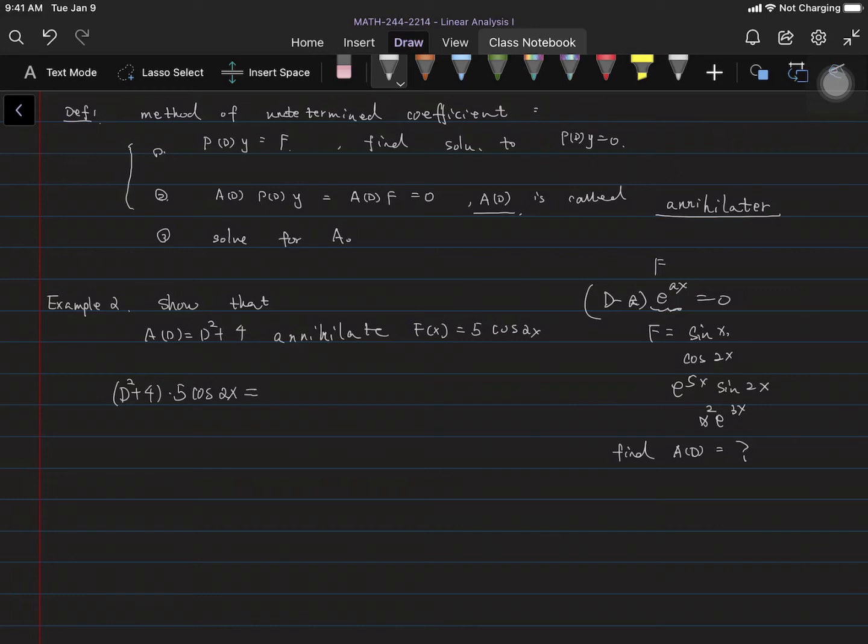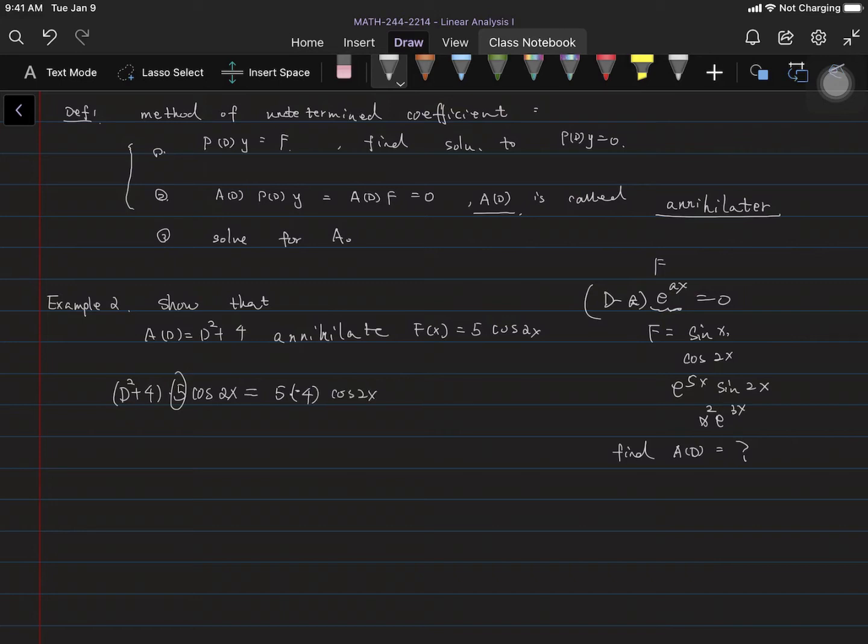Second derivative, so here the 5 is a constant, we can just take that to the front. And the second derivative of cosine 2x: first derivative is negative 2 sine 2x, and then again, so going to be negative 4 cosine 2x.